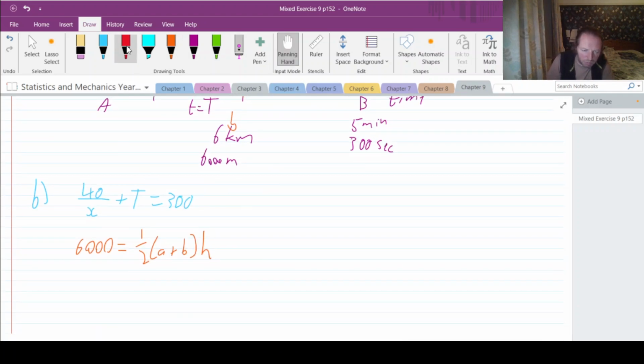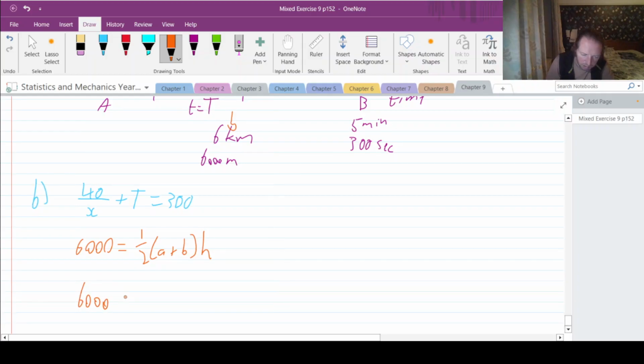So 6,000 is equal to a half times t, the length of the bit on the top, plus the 300 for the bottom, the 300 seconds, and the height is 30 meters a second.